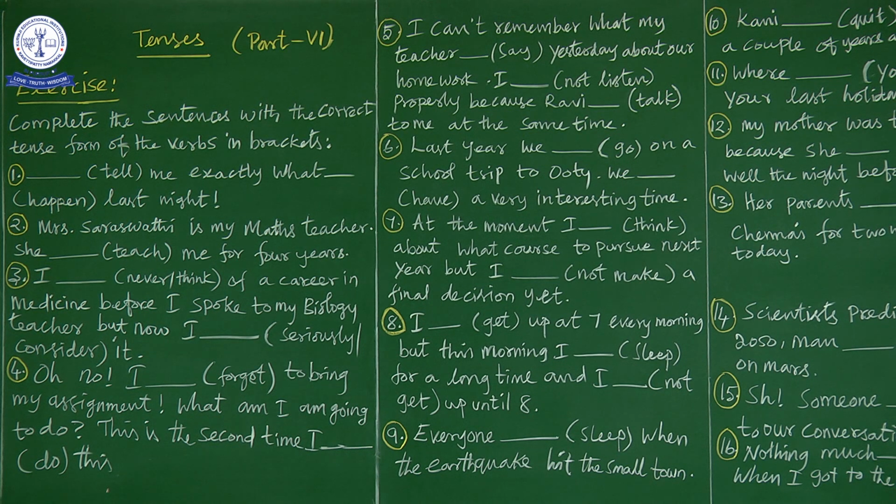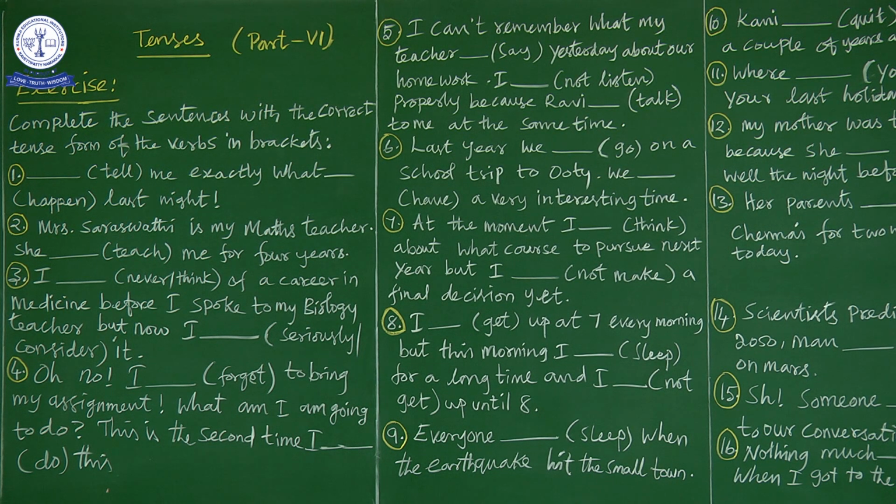Let us see the answer. I can't remember what my teacher said yesterday about our homework. I did not listen properly because Ravi was talking to me at the same time.